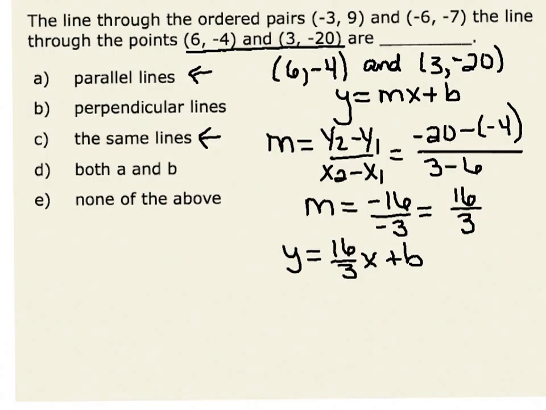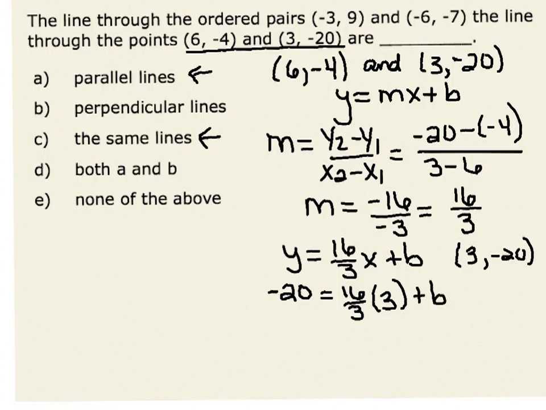We know that this equation must satisfy our two points. Therefore, it must satisfy both (6, -4) and (3, -20). Let's try to find b using our point (3, -20). When I substitute y equal to -20, that occurs when x is equal to a positive 3. 16/3 times 3 is just 16, so I have -20 is equal to 16 plus b.